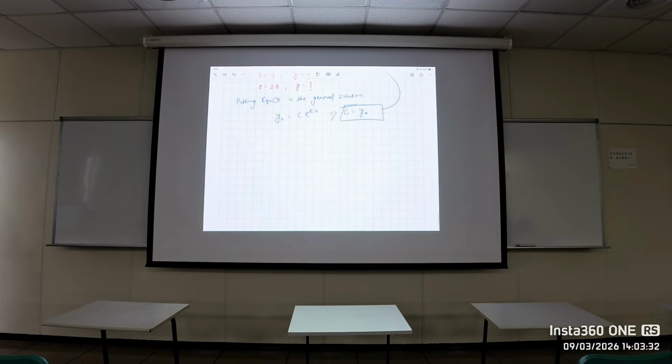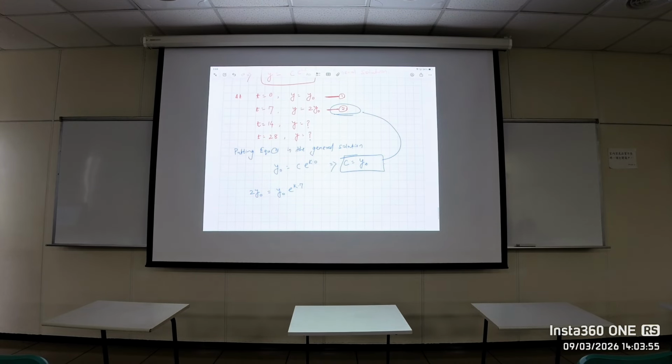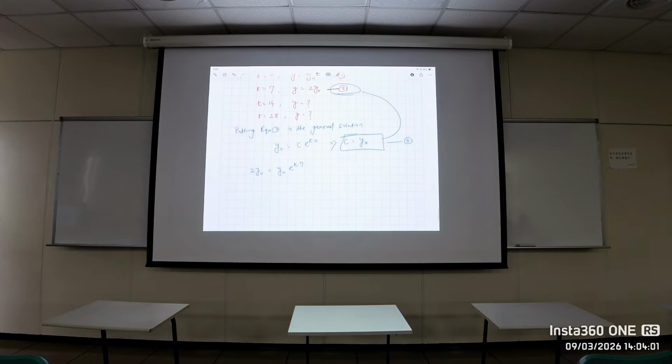It will be 2y0 is equal to C, which is y0, times e to the power k7. Putting equation 2 and this one, let's say equation 3, I can write here.